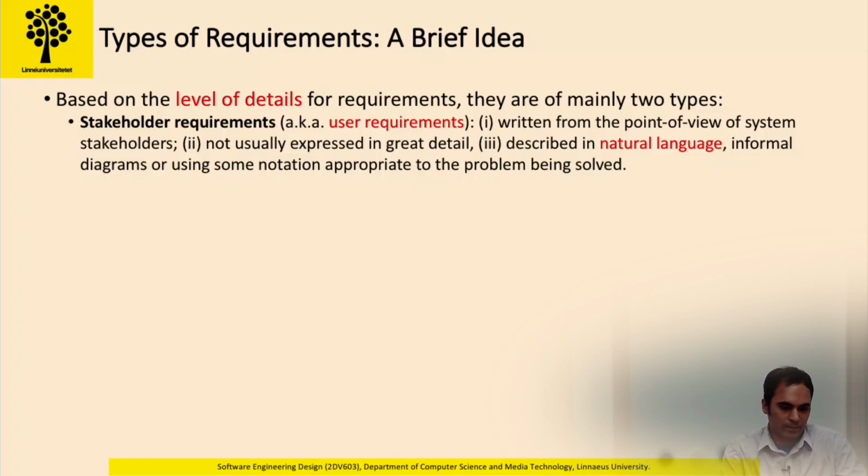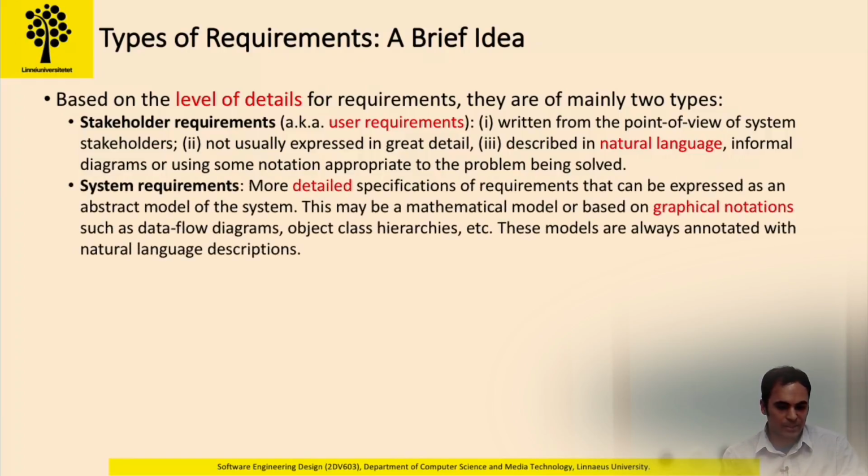So we are all stakeholders. And usually the user requirements are written in high-level language, so natural language. You can use informal diagrams, but diagrams are not usually used for writing the user requirements.